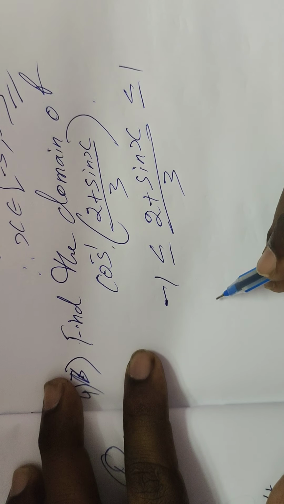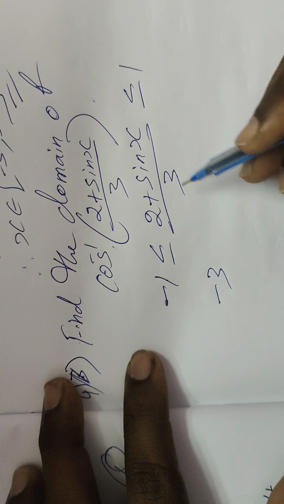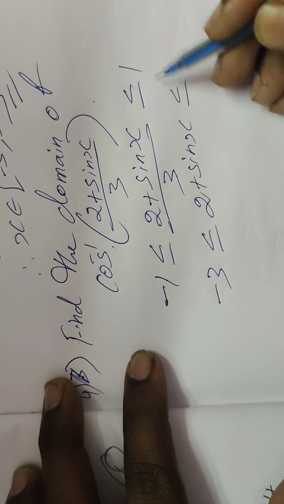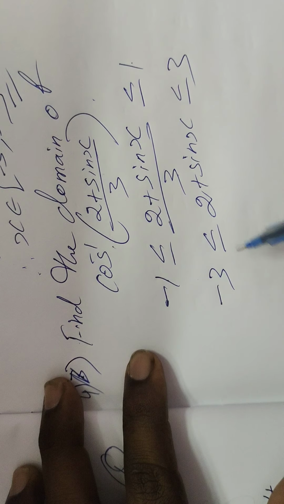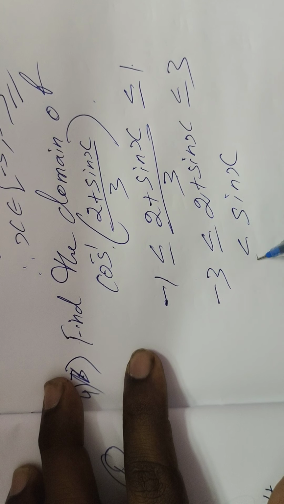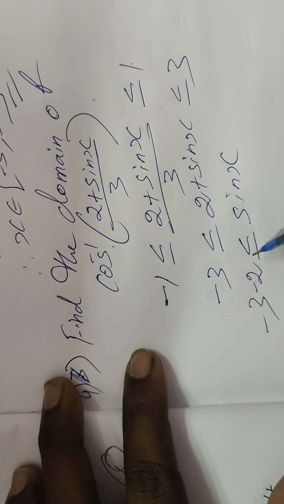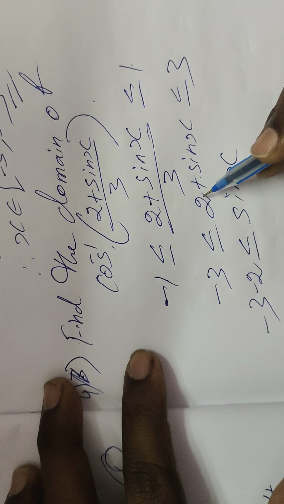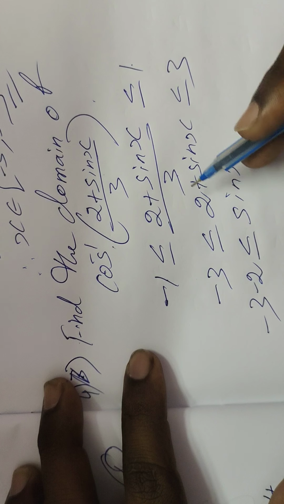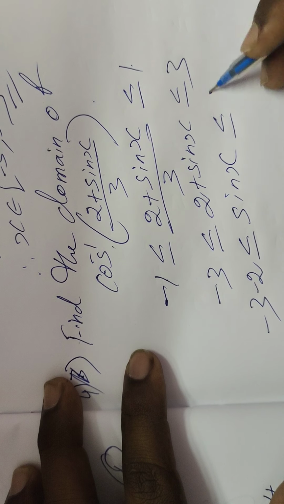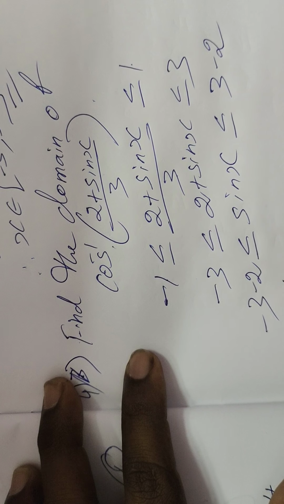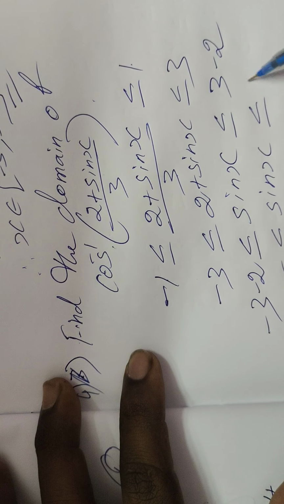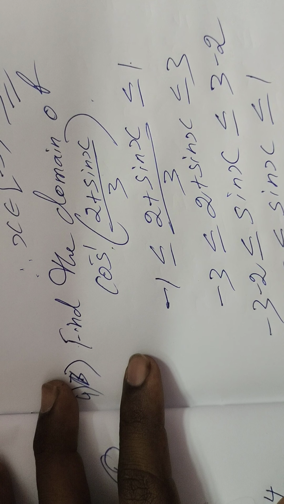Cross multiply: minus 3 less than or equal to 2 plus sin x less than or equal to 3. Subtract 2 from each term, the 2 and minus 2 get cancelled. Minus 5 less than or equal to sin x less than or equal to 1. Am I right?